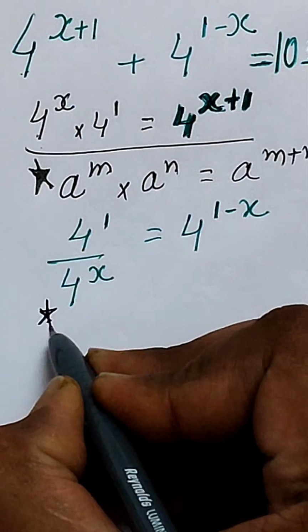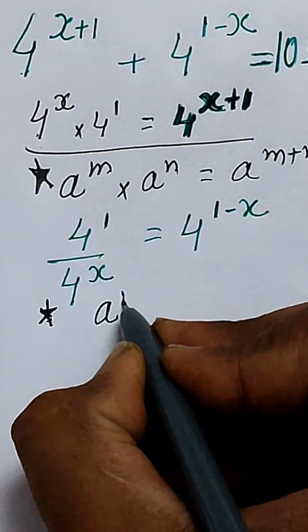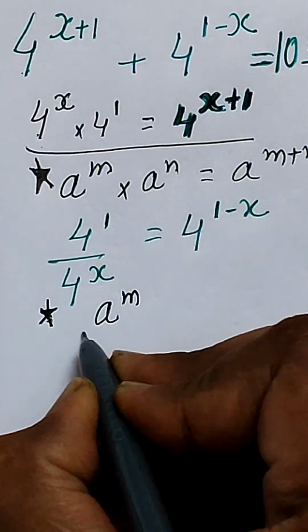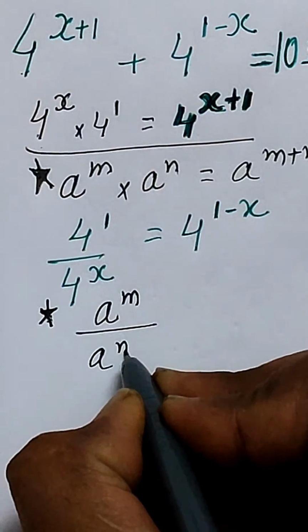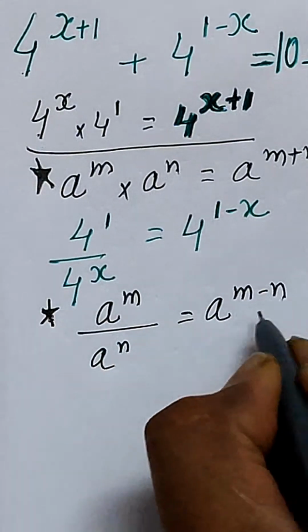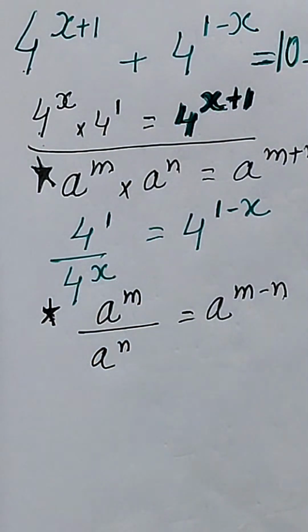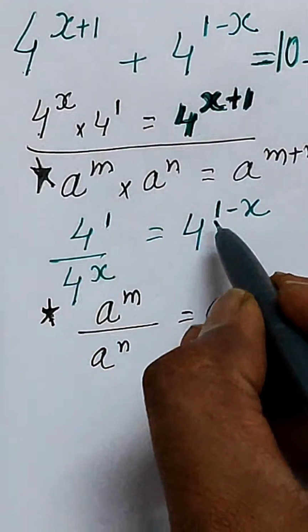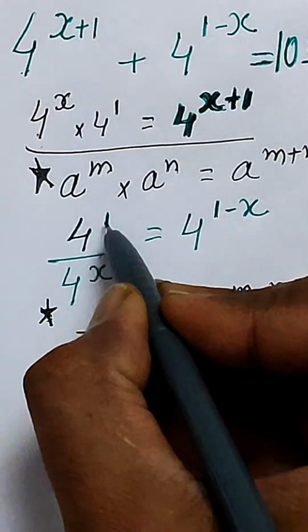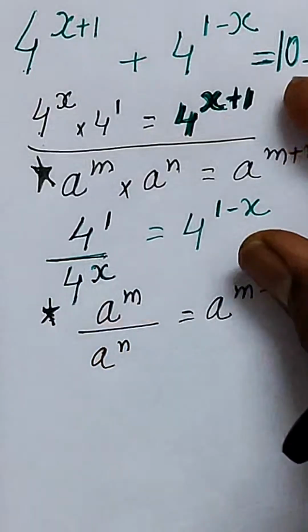Because we know the formula: a power m divided by a power n is equal to a power m minus n, right? So we applied the same formula over here, and we get 4 power 1 minus x as 4 power 1 by 4 power x.